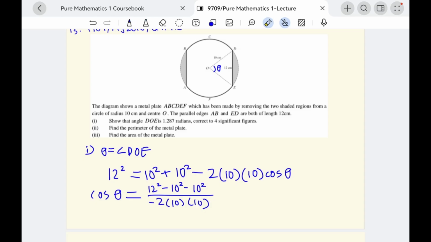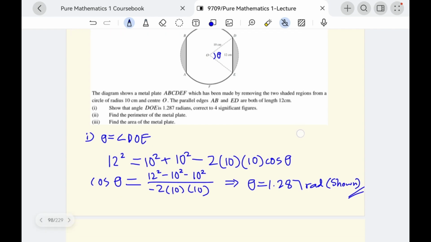The question wants the angle in radians, so remember to convert the angle unit in your calculator to radians, to ensure you won't calculate it wrongly in degrees. Eventually your theta must be 1.287, exactly the same as the result shown here. So therefore it's shown.